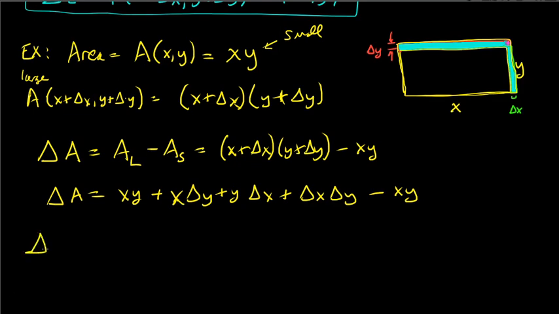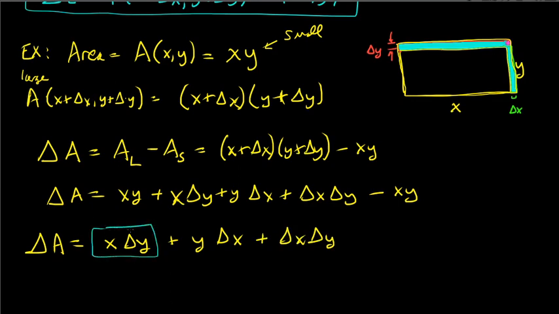delta A can now be written as X times delta X, X times delta Y plus Y times delta X, and then plus delta X times delta Y. So what is X times delta Y? It's this rectangle up here, this tiny slice of a rectangle.